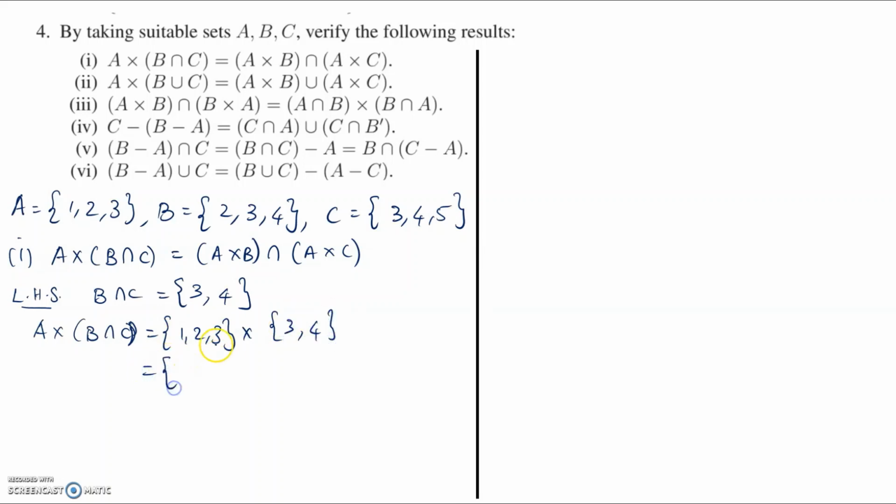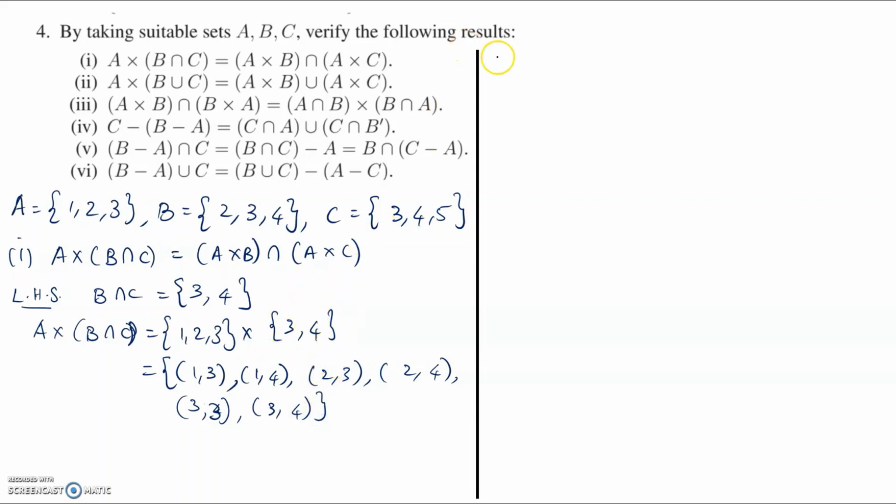And that would be equal to (1, 3), (1, 4), (2, 3), (2, 4), (3, 3), and (3, 4).